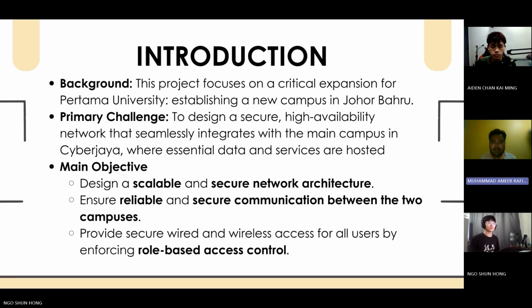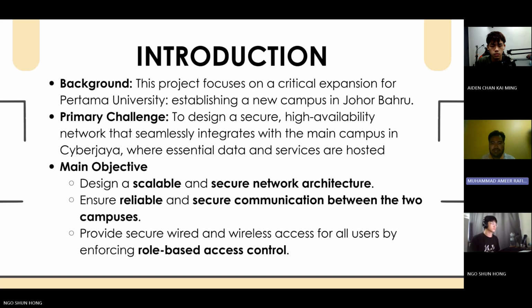So for the introduction and background, this project focuses on the expansion of Permata University to Johor Bahru. The main challenge of expanding is to route the networking at the new campus in Johor Bahru so that it integrates with the Cyberjaya campus that hosts all the services.